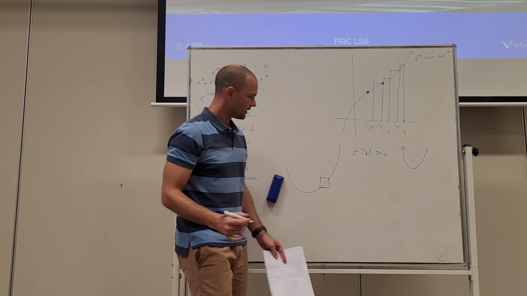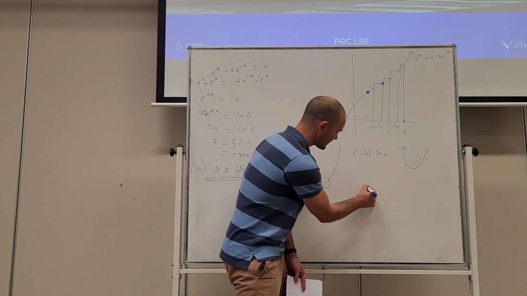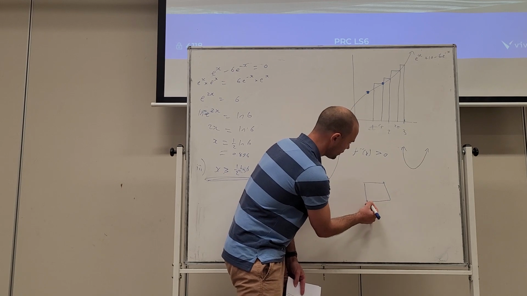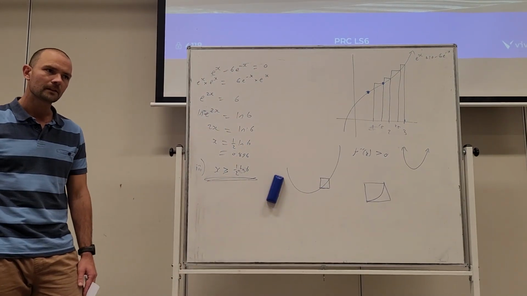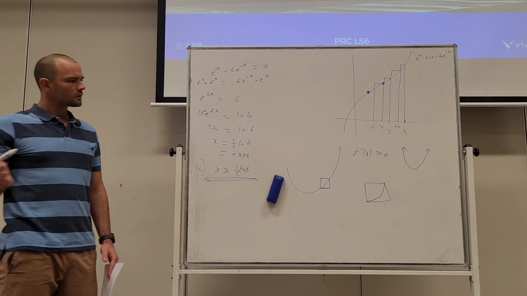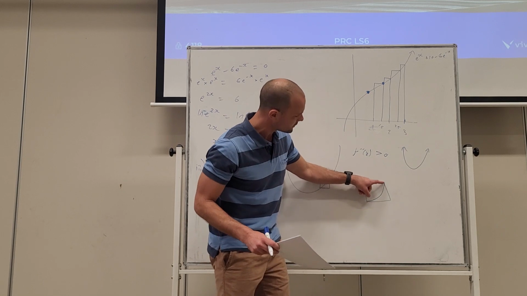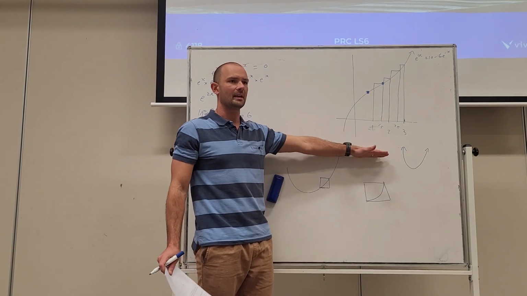Let's take that little snapshot and exaggerate what's going on there. I have a square here, and it's curving like this, isn't it? It's curving like that. So the question is, is the curve closer to the lower estimate or the upper estimate?